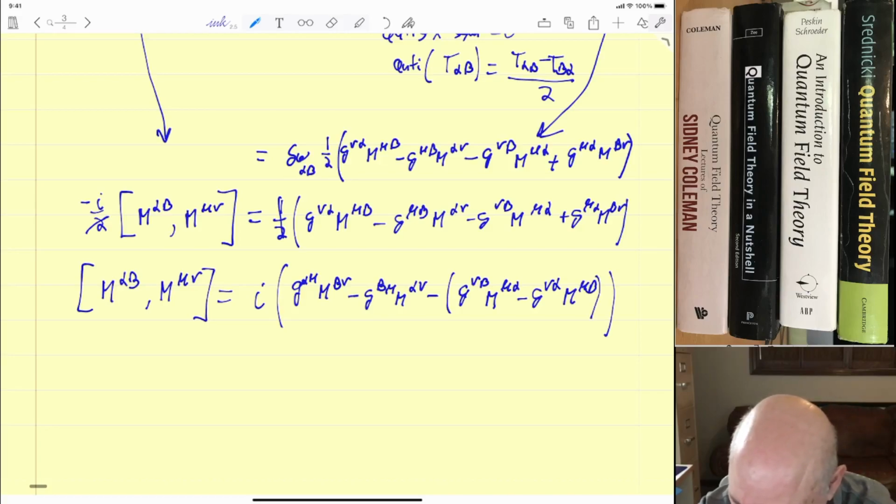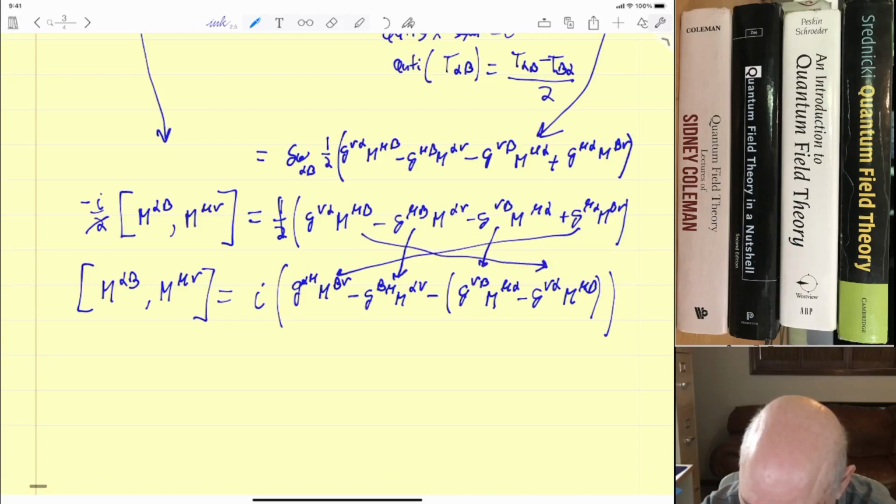So let's just see where all these terms come from. This one goes there. This one goes there. Minus G nu beta, this one goes there. And minus minus is a plus. That one goes there. So it's all correct. And that's the end of the problem.